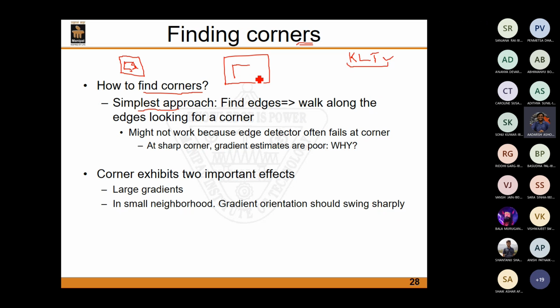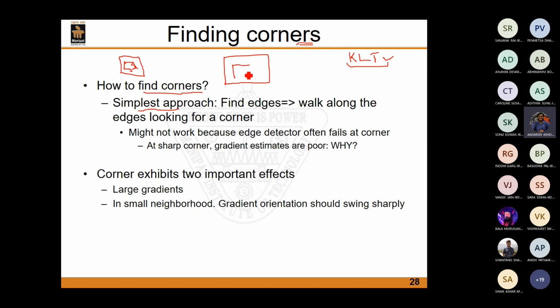Let me leave out the other details of the object and consider this particular corner. First I can calculate the gradient. When I calculate the gradient of the image, let's say I get this edge here and this edge here.